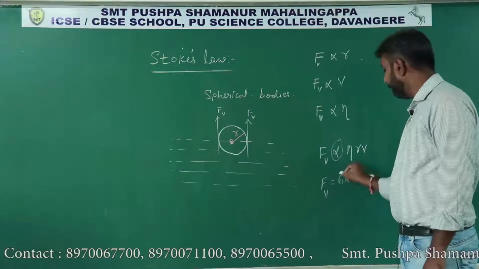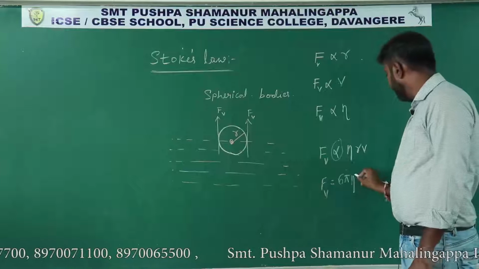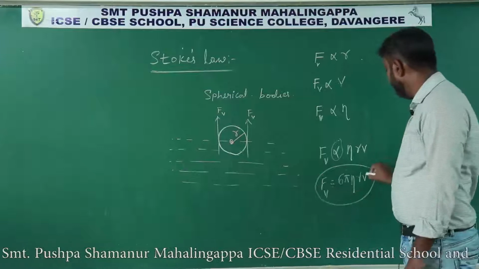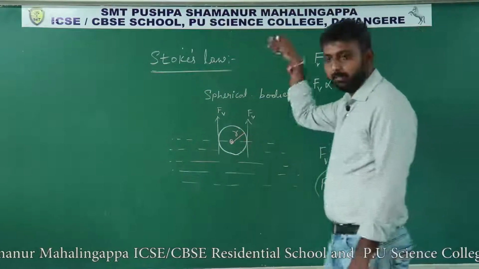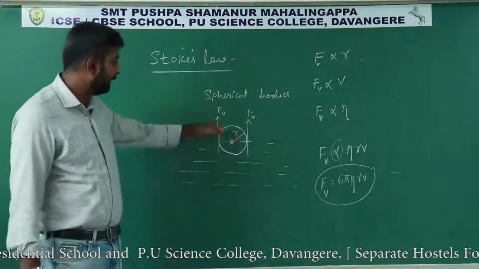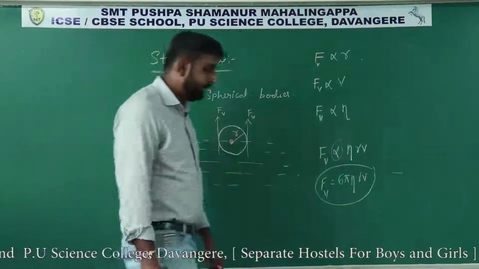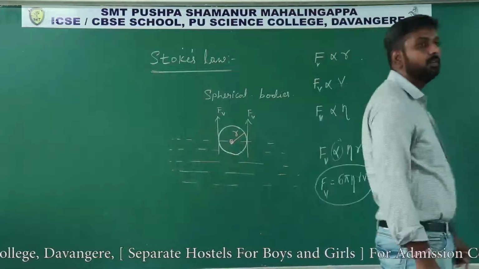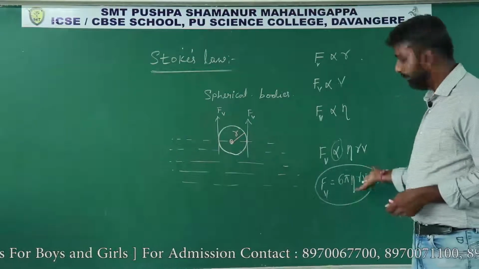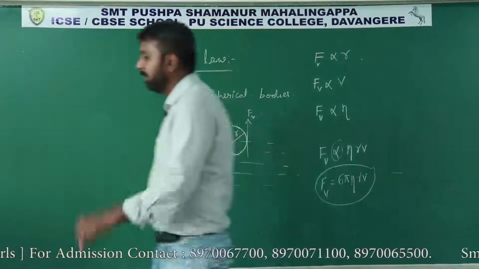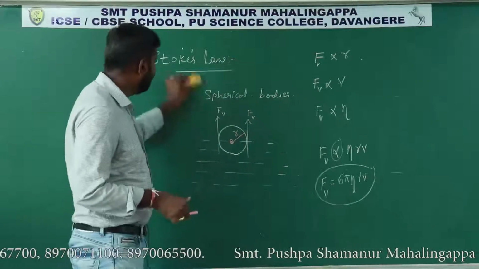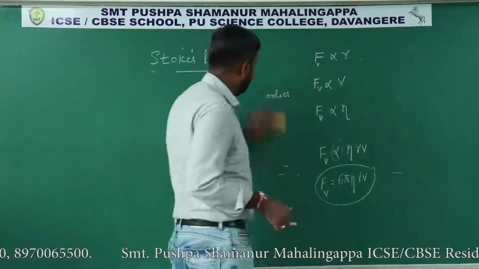So Fv = 6 pi eta r v, where v is the velocity of the spherical body moving inside the liquid, r is the radius of the spherical body and eta is the coefficient of viscosity. Remember this formula. According to Stokes' law, the viscous force depends on these factors. And this is strictly for spherical bodies.